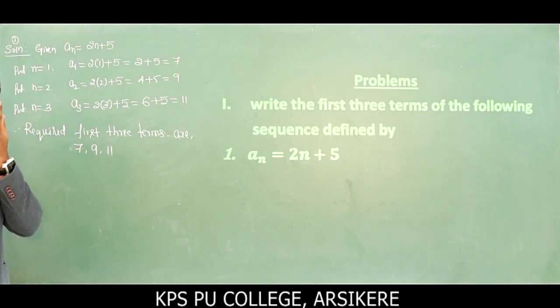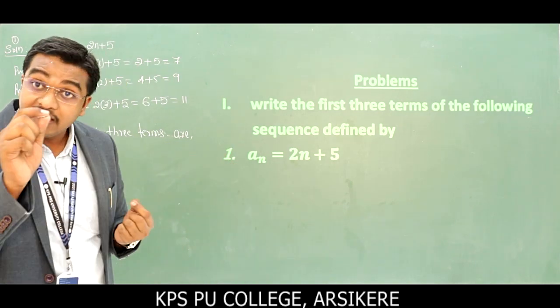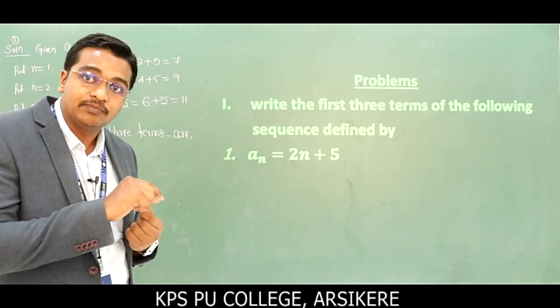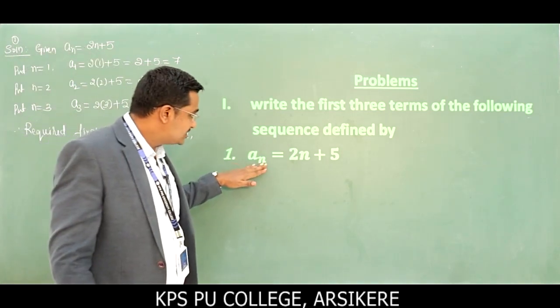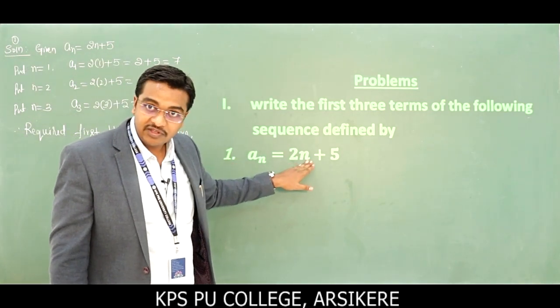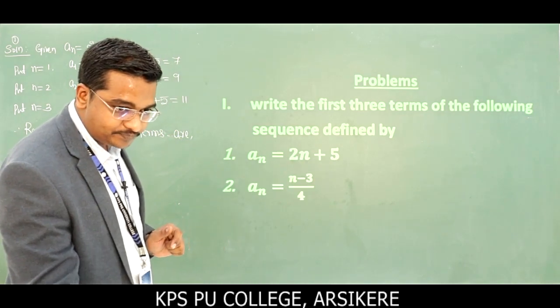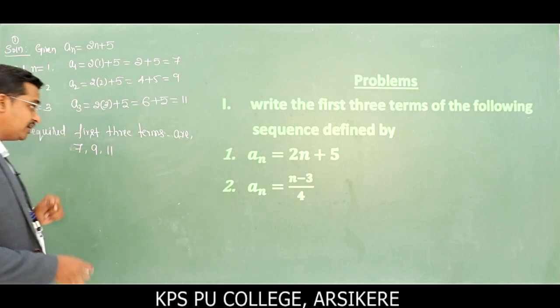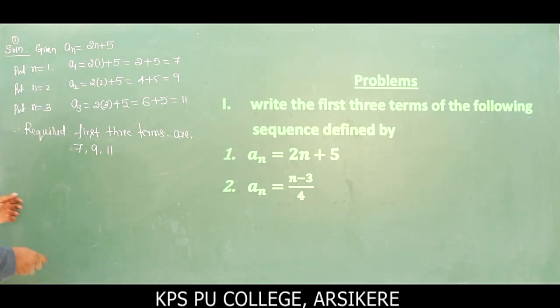These are the first three terms of the given sequence whose nth term, an, is also called the general term: an is equal to 2n plus 5. Now the second example. In the second example we have an is equal to n minus 3 divided by 4.